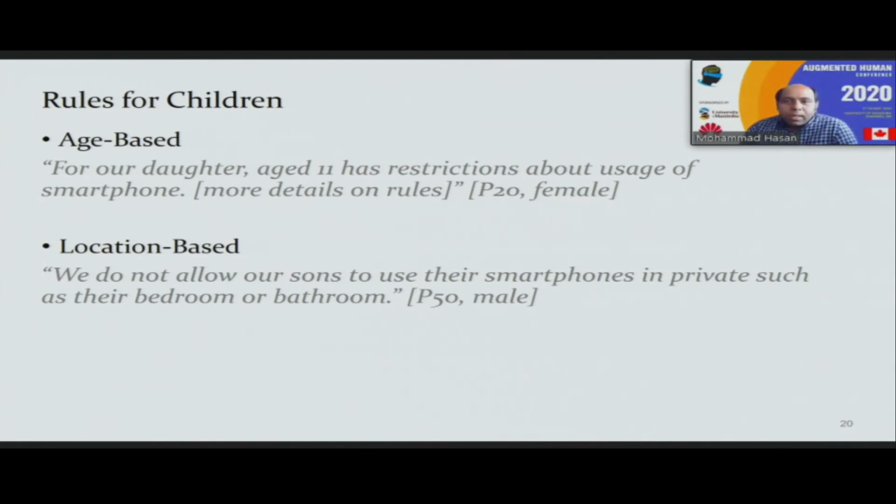And a few participants responded that they have location-based rules. For instance, they do not allow their children to use the smartphone in private spaces, such as in their bedroom or in the washroom.